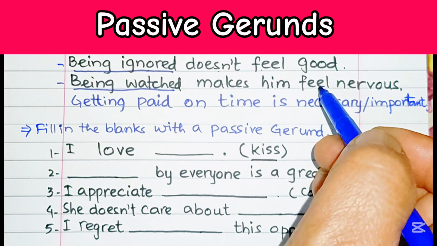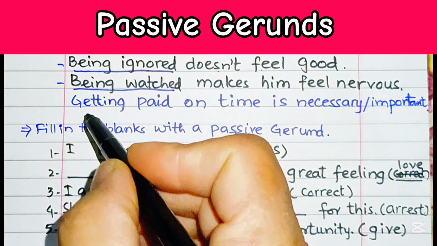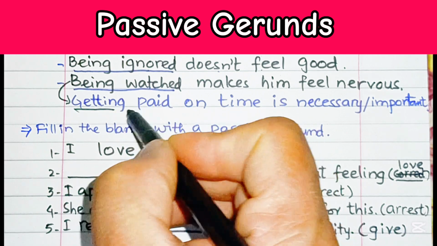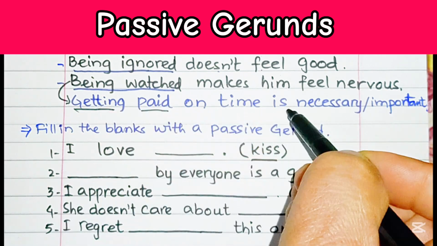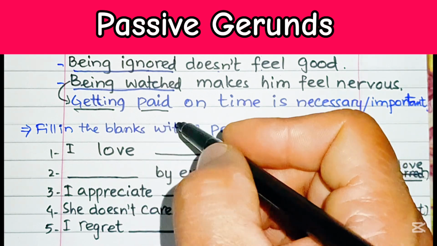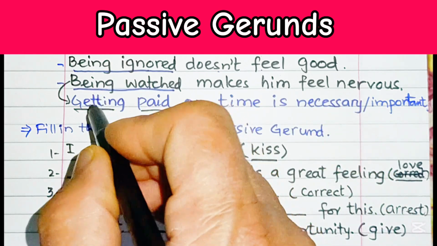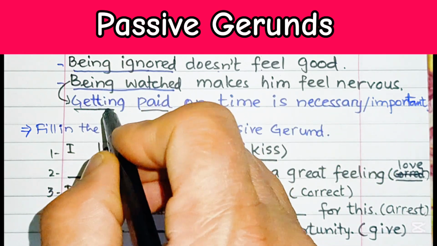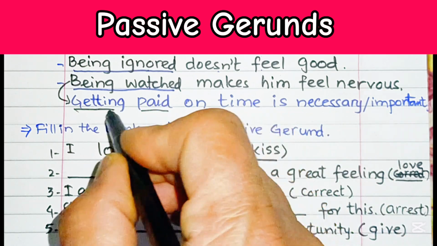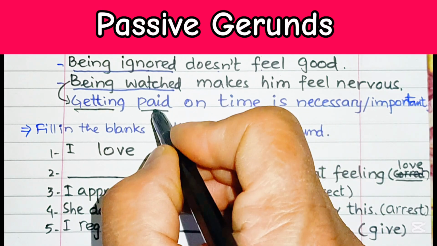So this is another example of passive gerunds. And the third one is getting. In place of being, we are using getting over here, which can be done. Getting paid on time is important or necessary. So instead of using the verb being, we can use getting over here. Getting paid on time, and then the past participle paid, getting paid, for the verb pay.